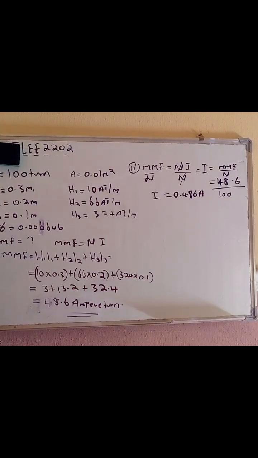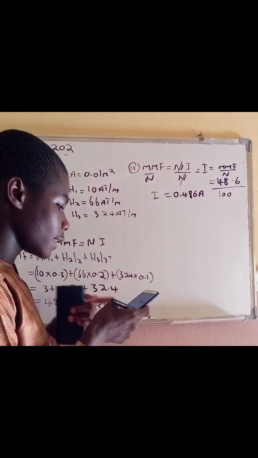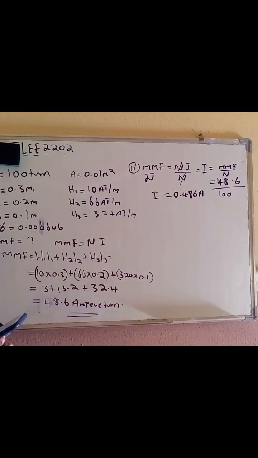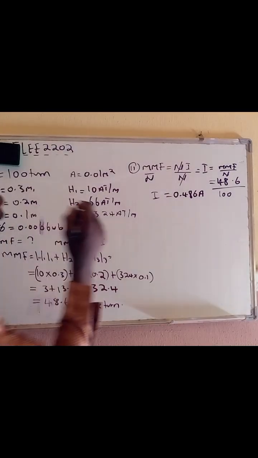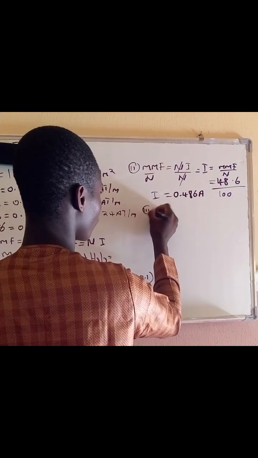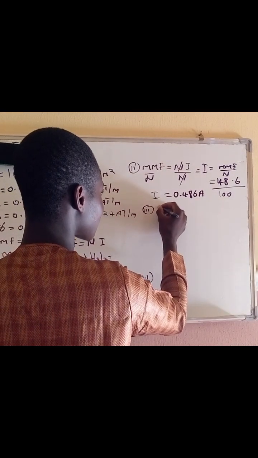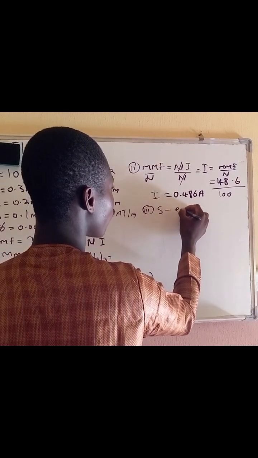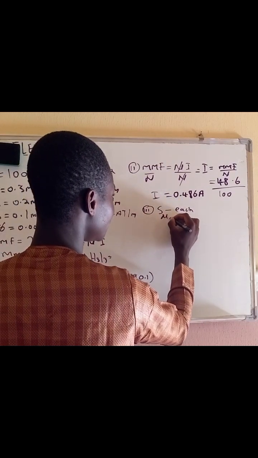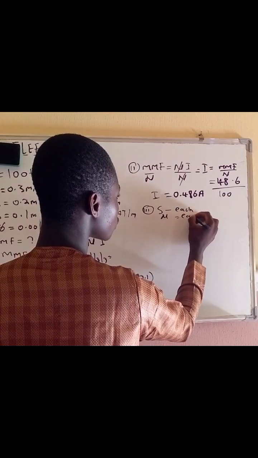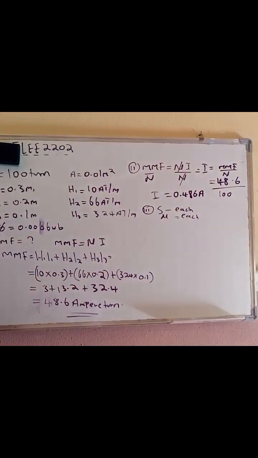So therefore, the next question says determine or calculate the reluctance and permeability of each material. We are to find the reluctance S of each material, and the permeability of each material.